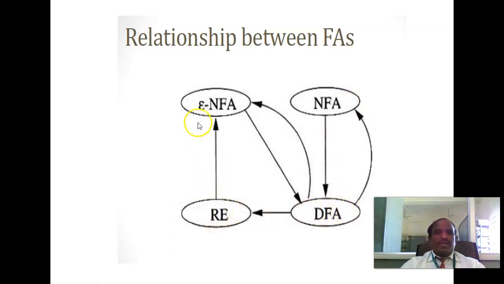So these are all interlinked: regular expression to NFA, epsilon NFA; NFA, epsilon NFA to DFA; DFA to epsilon NFA; DFA to NFA, NFA to DFA, and DFA to regular expression. We can convert one to another. These are interlinked between regular expression and finite automata.